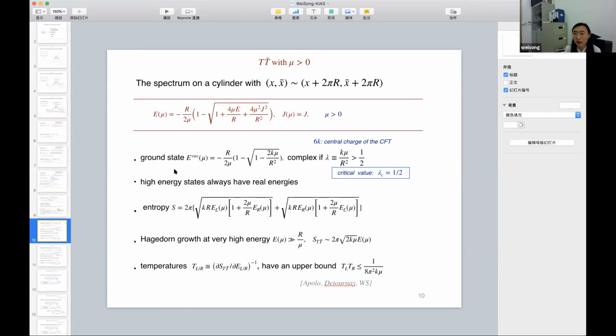Usually the ground state would have a negative energy, -c/24, or -c/12.